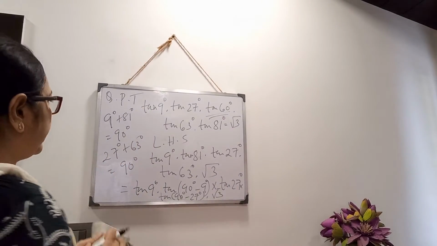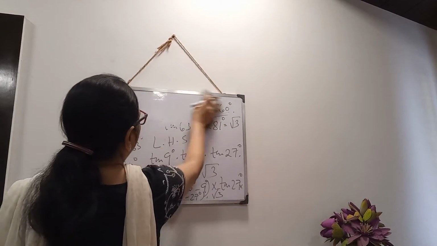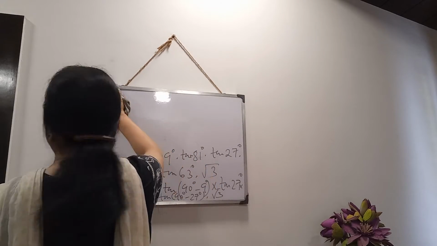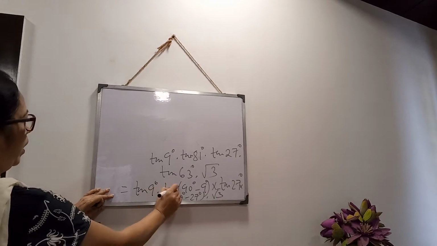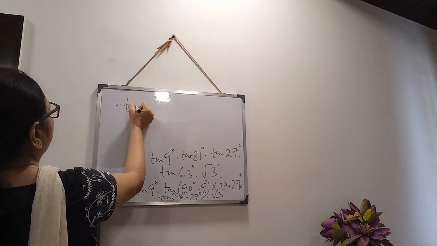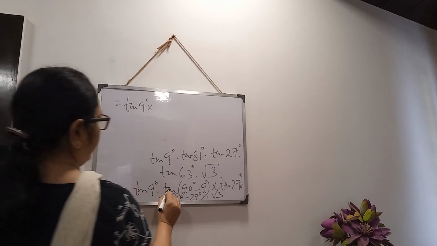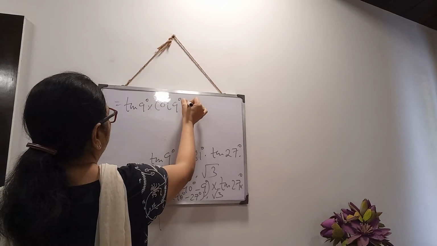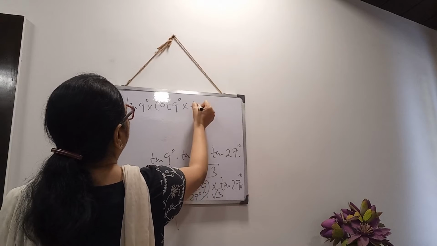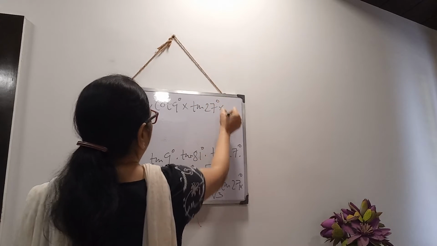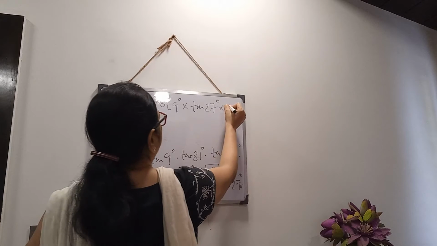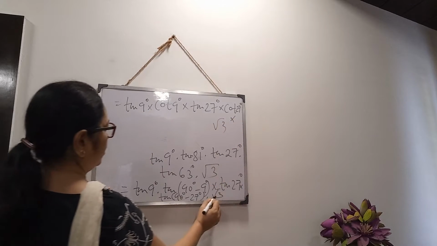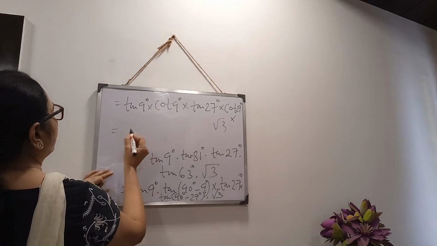Clear? Then what to do? Apply the formula. Tan 9 degree, and tan 90 minus theta means cot theta. Clear? Tan 90 minus theta means cot theta, into root over 3, that value. Now tan and cot you know.